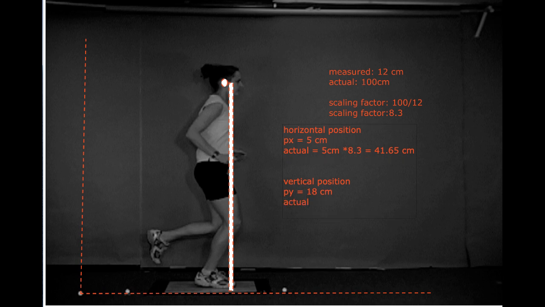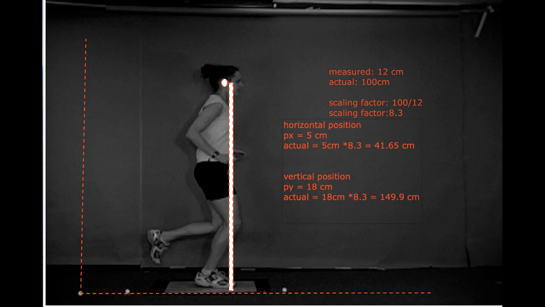To get the actual distance in real life, I mean, I'm not 18 centimeters tall, I'm much taller than that. You want to take that 18 centimeters and multiply it by your scaling factor. And that gives you a value of, let's say, 149.9 centimeters. Another way to put this is 1.499 meters, if that's just more intuitive for you. And there you go. You've just digitized the horizontal position and the vertical position of my ear.